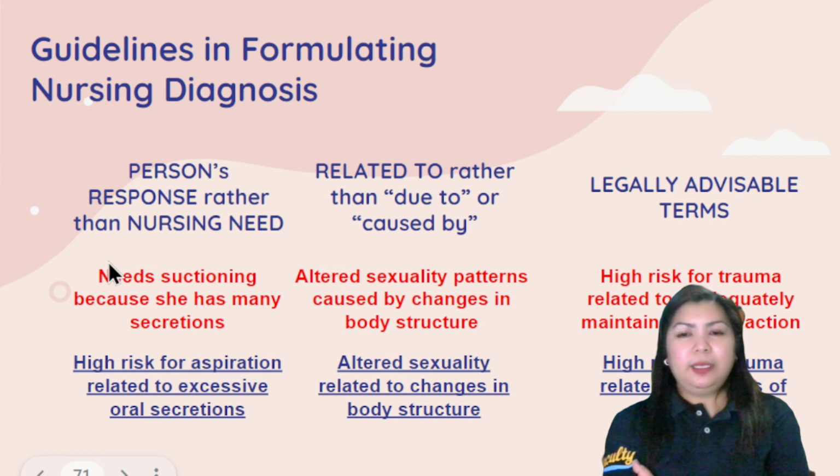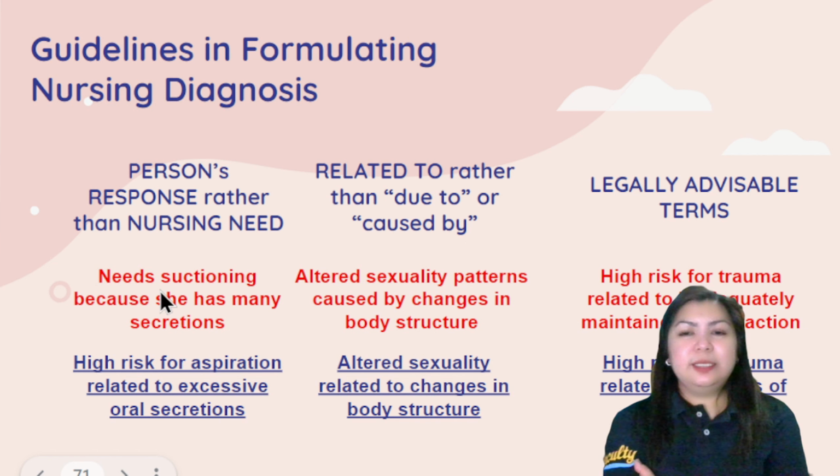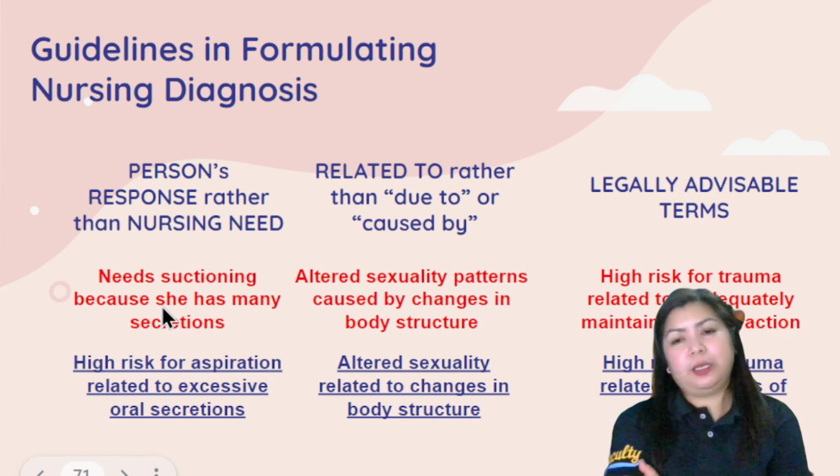The red part here is the incorrect way or manner of writing, and those that are underlined are the correct way of stating your nursing diagnosis. Example: needs suctioning because she has many secretions. Needs suctioning is a nursing need. Why? Because you perform this to your patient.